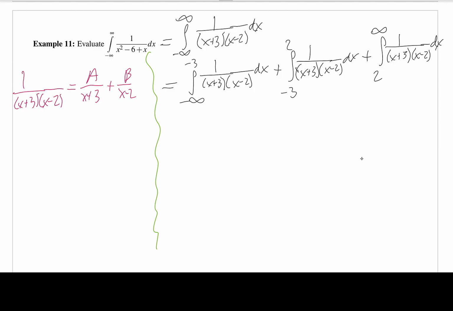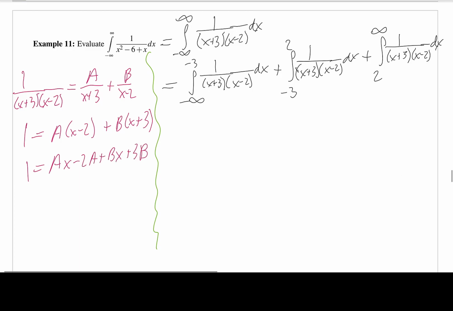So then we get 1 equals a times (x minus 2) plus b times (x plus 3). So 1 equals ax minus 2a plus bx plus 3b. So 1 equals x times (a plus b) plus (negative 2a plus 3b).